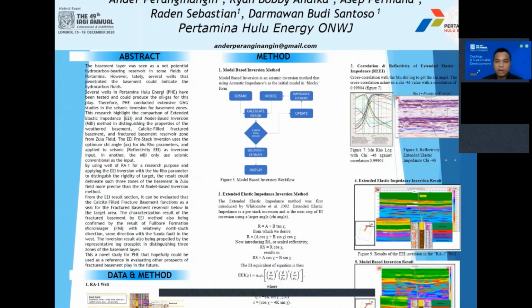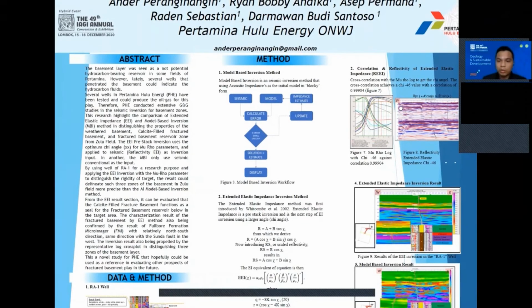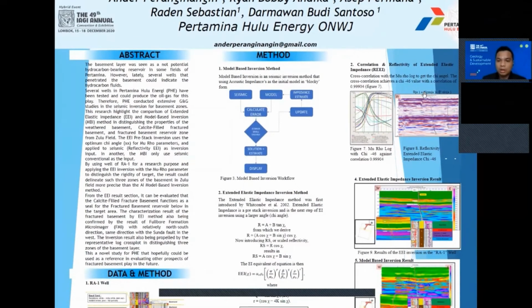If we have the chi-angle, we can produce the reflectivity extended elastic impedance with this formula: A cos chi plus B sin chi, where A is the intercept, cos chi is the cosine of the chi-angle minus 46, and B is the gradient, with sin of chi-angle minus 46.